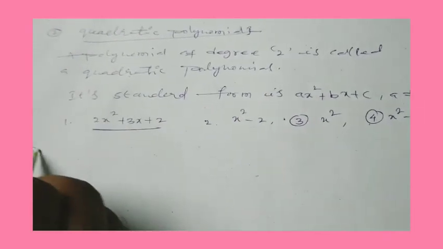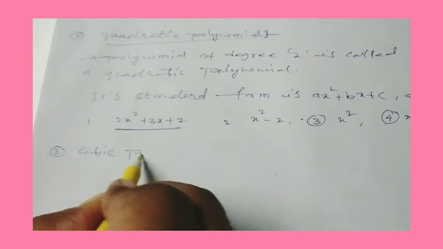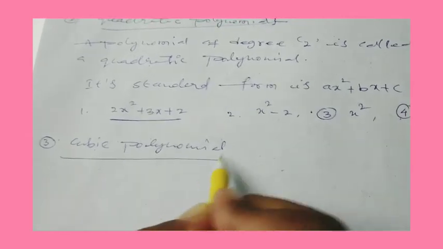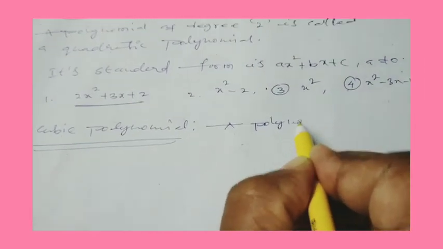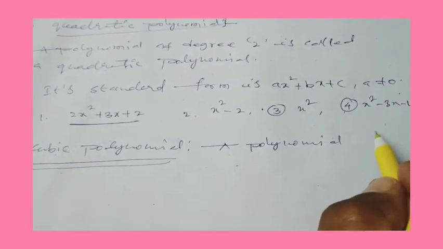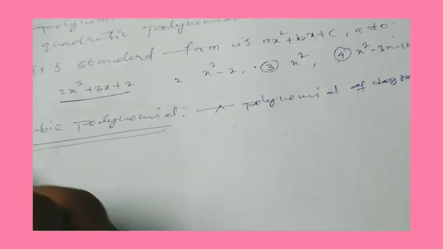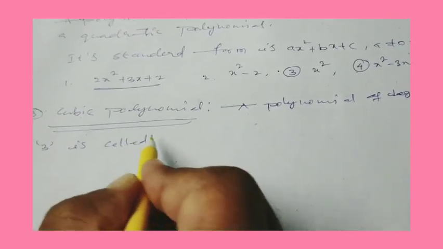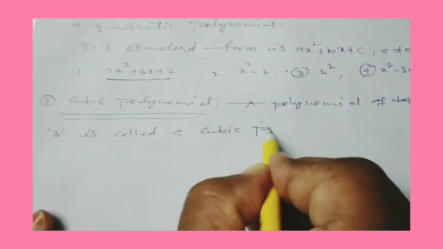Next, third one, cubic polynomial. A polynomial of degree 3 is called a cubic polynomial.